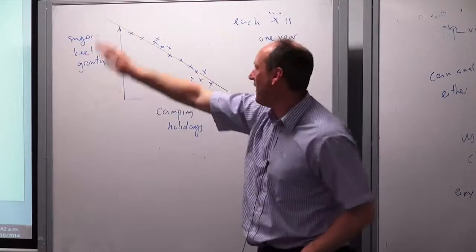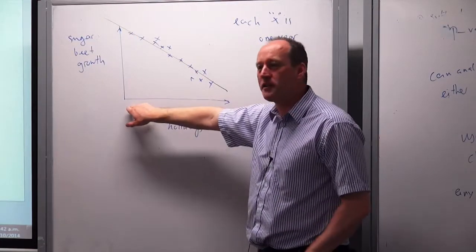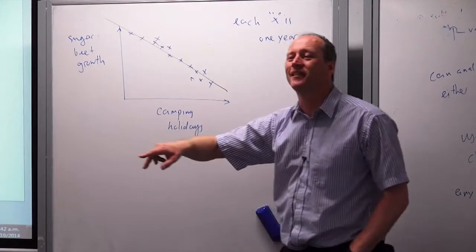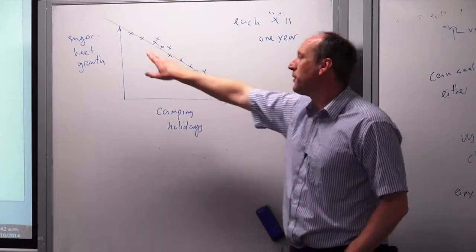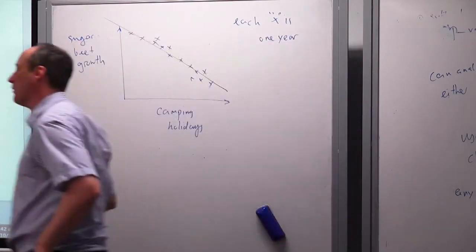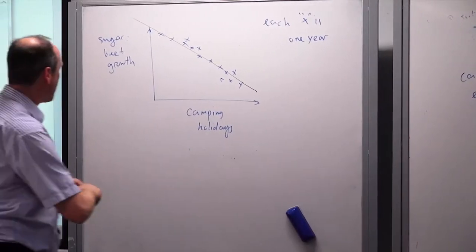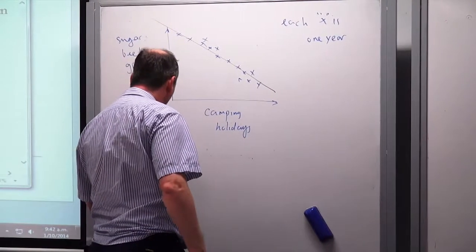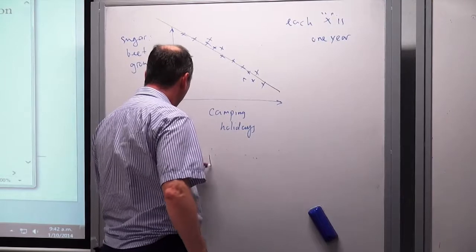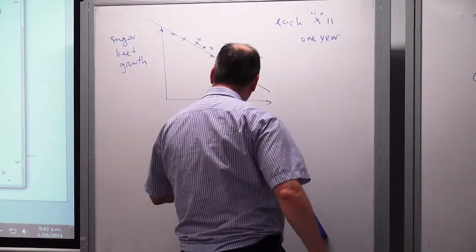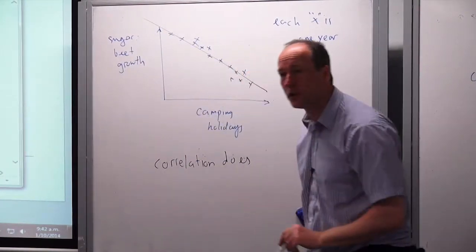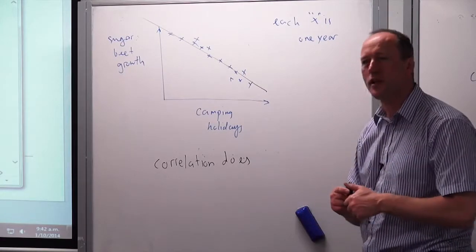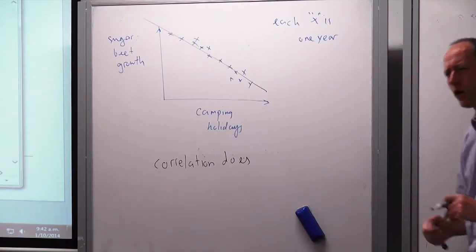Get off my land, because it's interfering with my sugar beet. Well, no, it isn't. They're both responding separately to the same hidden variable. The way to express this is correlation. What's funny is some people actually think like that. Oh, yes. It's a pernicious, difficult, horrible problem.